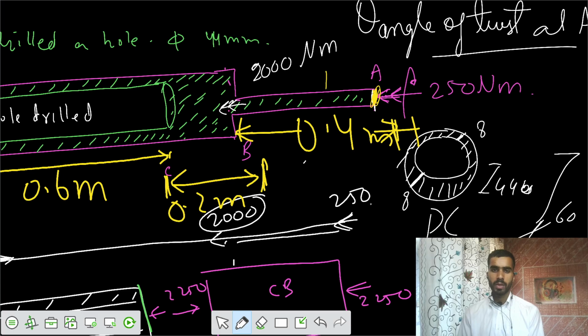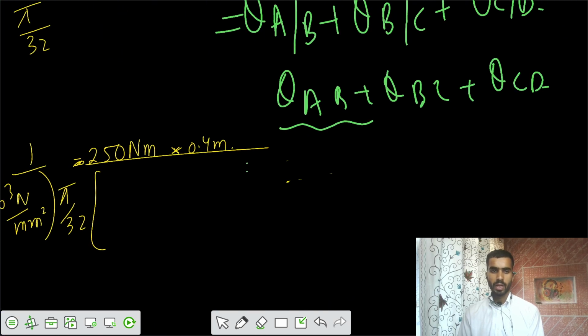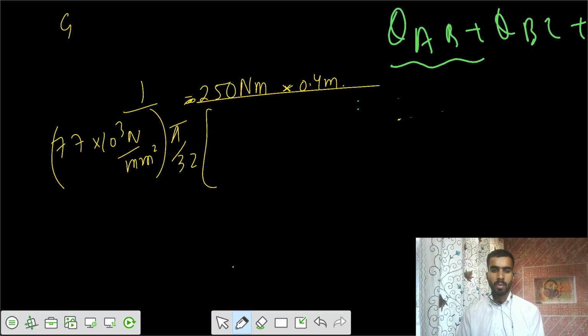I would write the diameter for AB, that equals 30 millimeter. Here the diameter is 60. Diameter for the BC is 60. And for this part, we have that hollow section, 60, 30. So I would write pi by 32 and 30 to the power 4 millimeter to the power 4. So this is your first term.